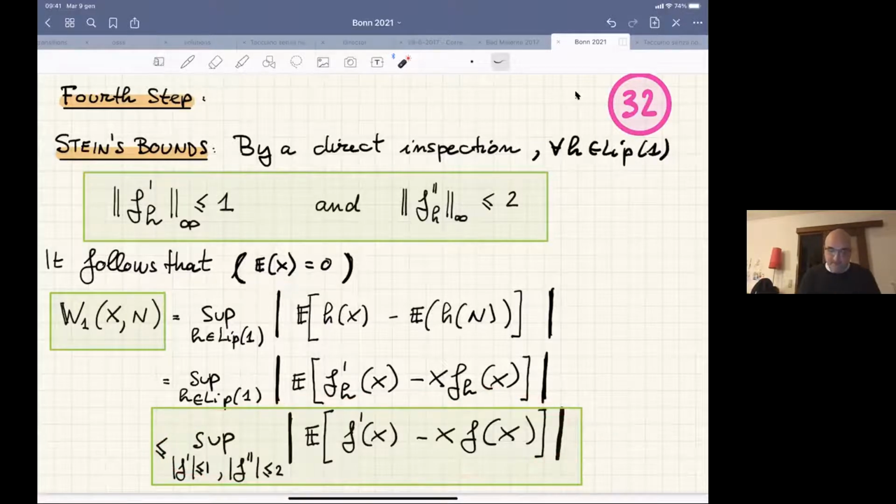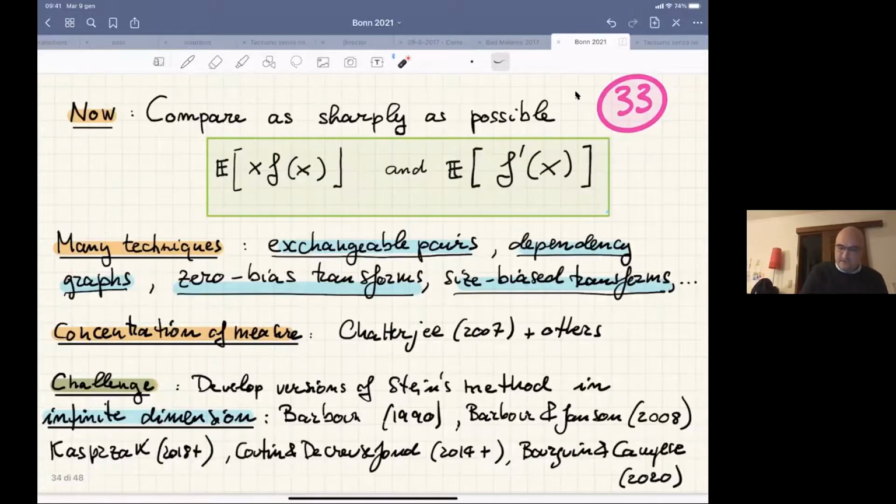But now the key point that makes this bound useful for applications is that the typical way of working this bound is to go in this direction: to find a way to rewrite this expectation of x f of x in a way which is as close as possible to the expectation of f prime of x. So we are in this situation here.